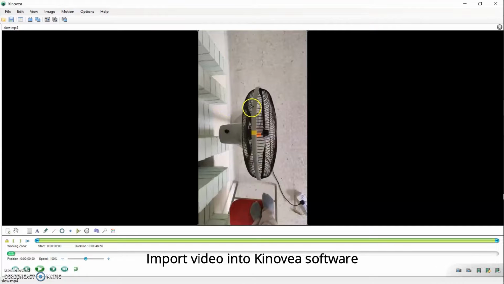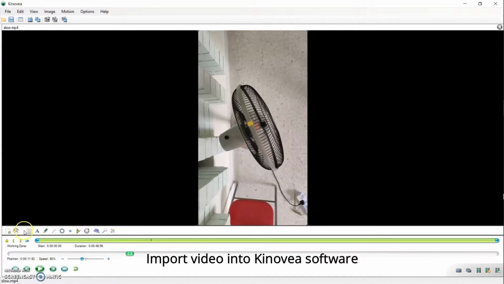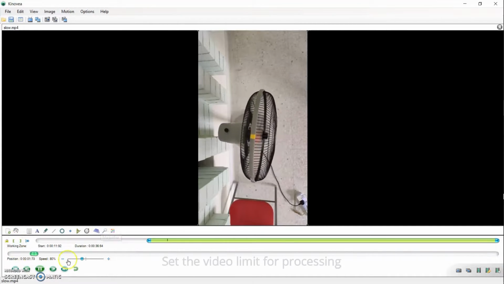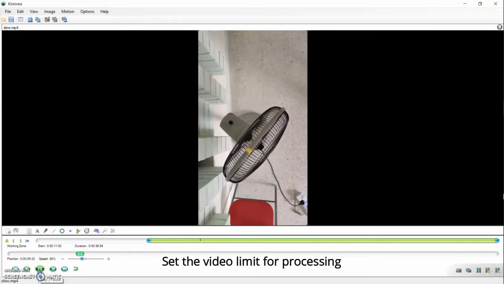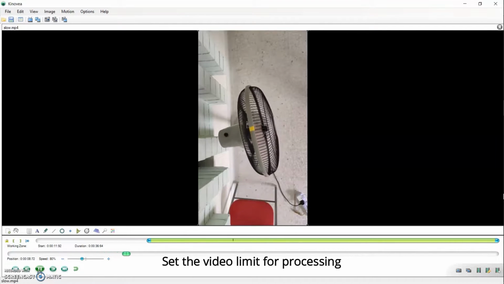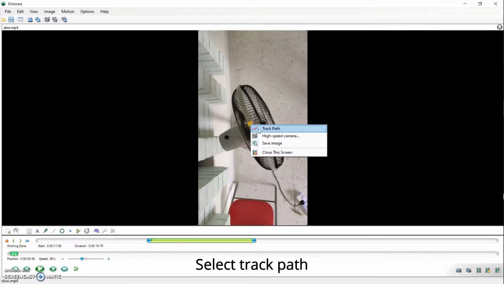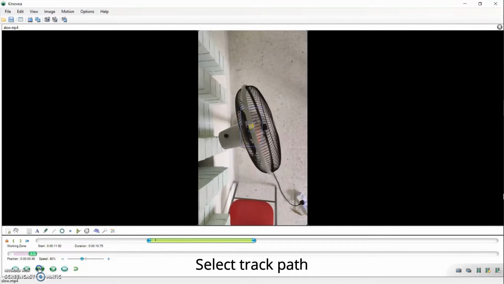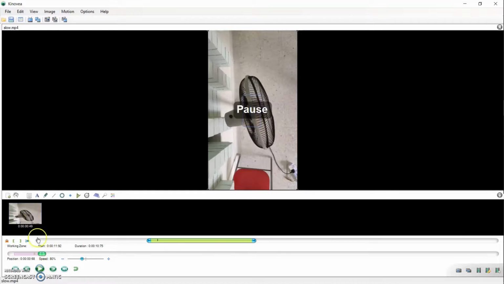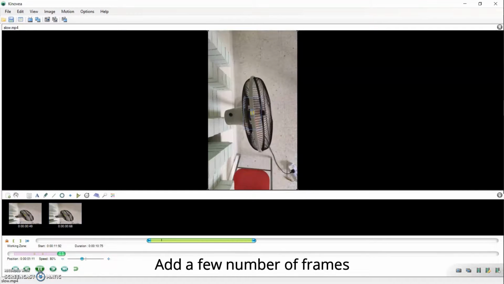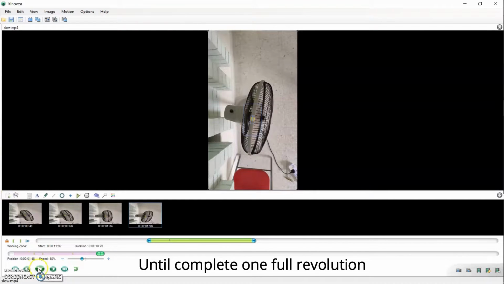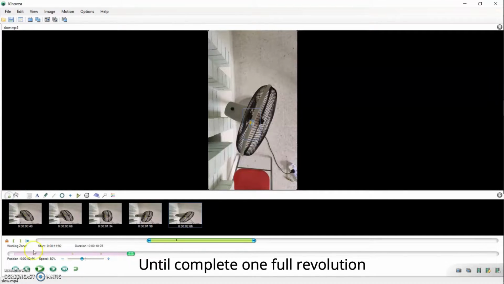Import the video into Kinovea software. Set the beginning until the ending of the clip. Select track path and add a few numbers of frames until it completes one revolution.